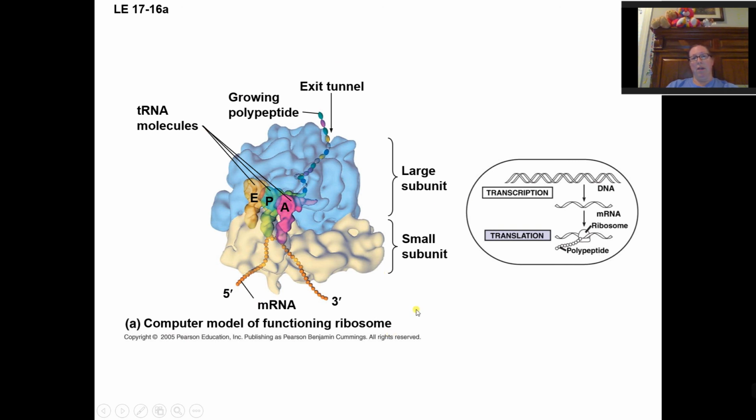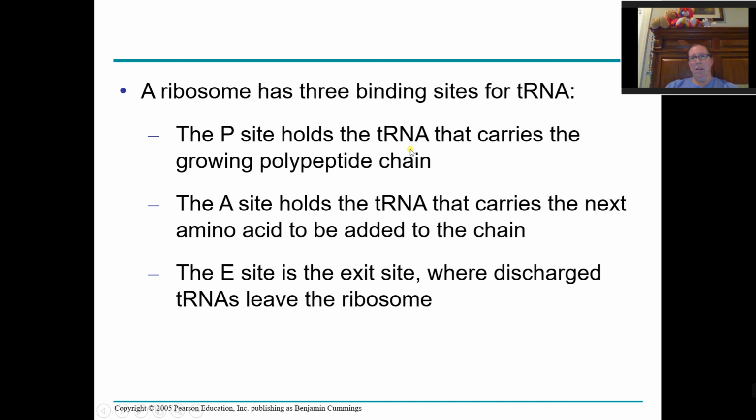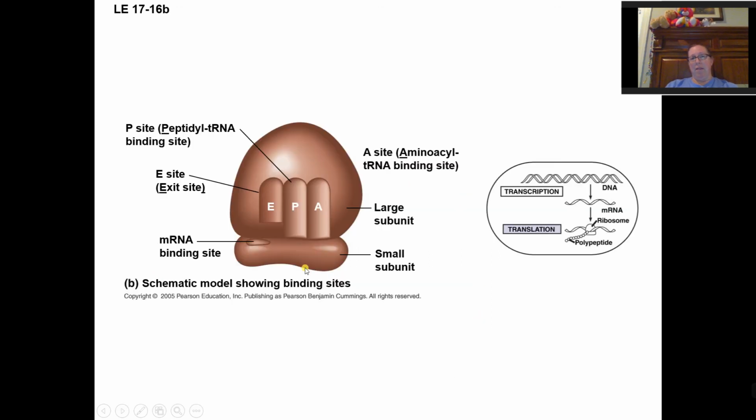This is real molecular, but I want to show you a computer model, because when we draw them, we kind of draw this poofy brown thing, and that's really not what they look like. These are the 3 binding sites that a ribosome has, and here's what it looks like empty.